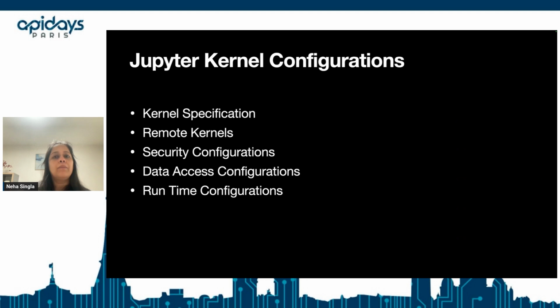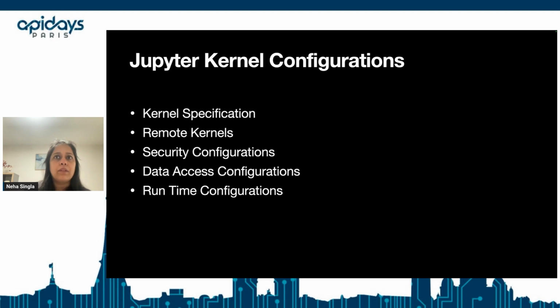Now, Jupyter kernel configurations. These configurations are kernel specifications where users can define the resource properties and security properties, or if a user wants to access some data from S3 or any data storage, they can add those details in configurations.